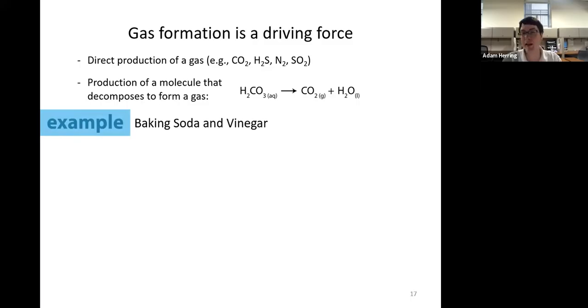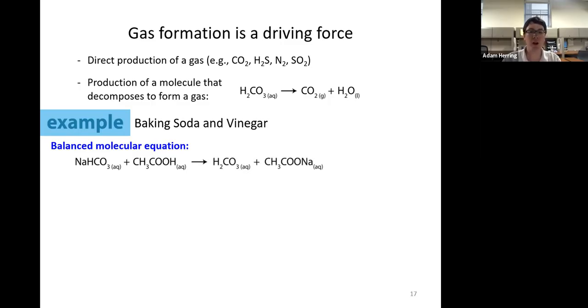Here's an example. If you've ever taken baking soda and vinegar, then you know when you add them together, you get lots of bubbles. The reason for this is because it's forming a gas. It's forming carbon dioxide, which is driving the reaction forward. So the balanced molecular equation is sodium bicarbonate with acetic acid.